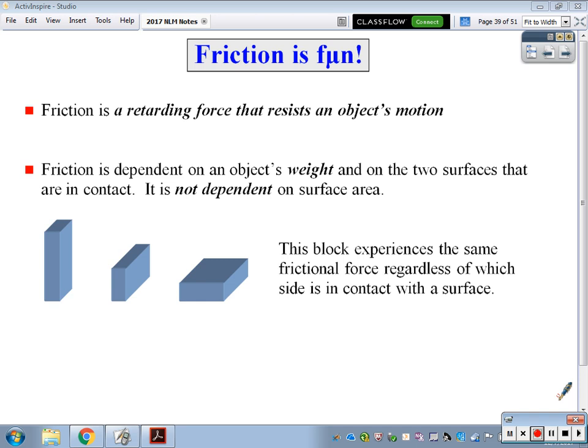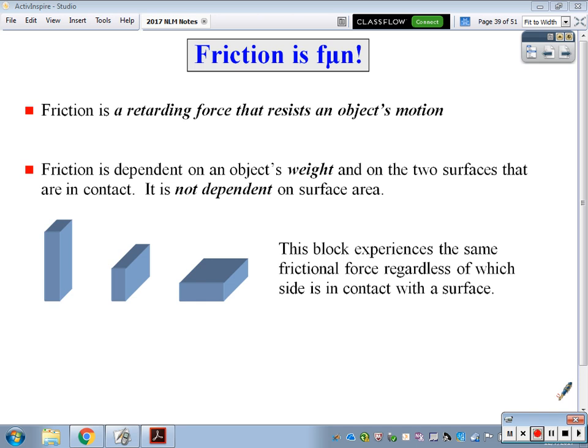So think of it this way. If this block weighed 10 newtons, well, 10 newtons of that weight is getting distributed on a very small amount of surface area. So if you want to think about force per square inch, there's going to be a lot of force per square inch as compared to when you lay it flat. But understand, it doesn't actually change the total amount of force that's pushing down.